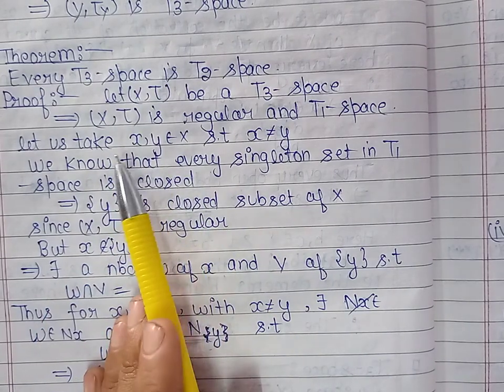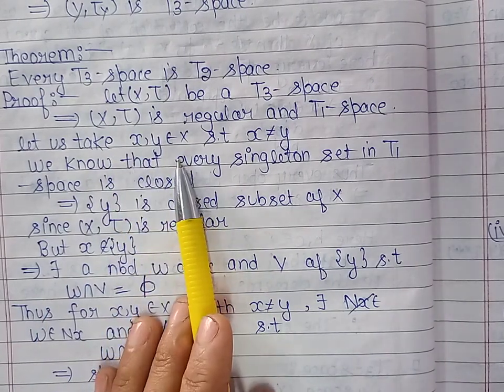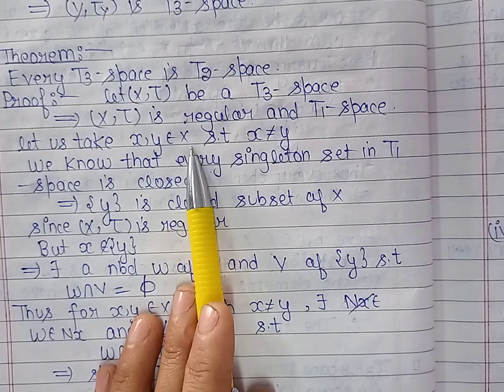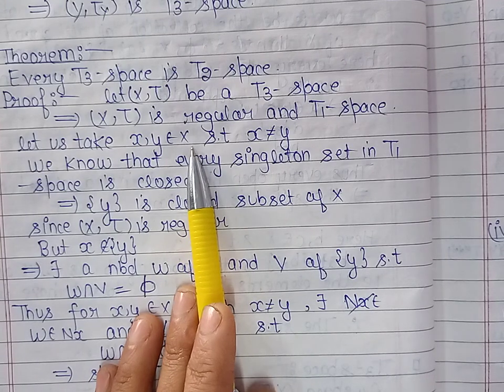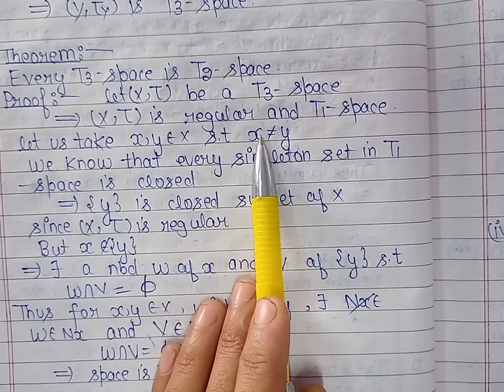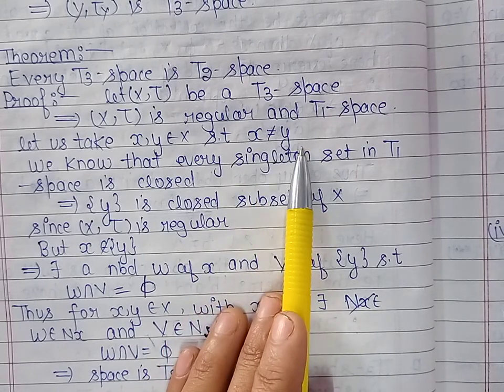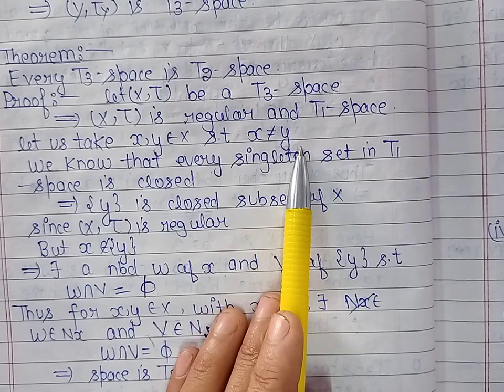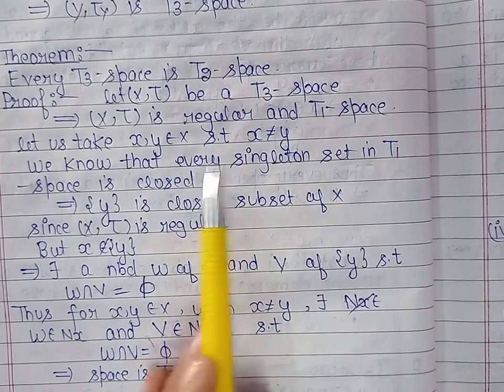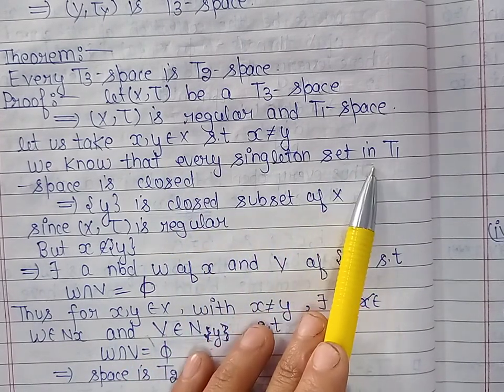So let us take two points x and y belonging to the topological space X such that x is not equal to y. Now as we already discussed, in a T1 space every singleton set is closed.